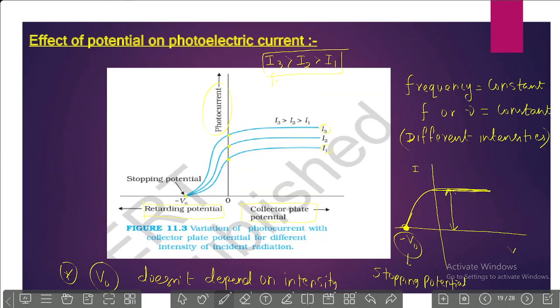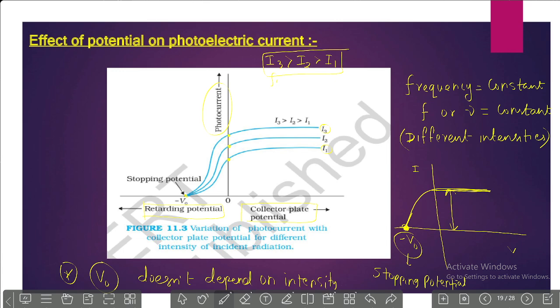This graph is for the same frequency or different frequency? Same frequency, constant frequency, but different intensity. This graph, a 3 mark question they will ask in the exam: draw the graph of same frequency and different intensity. So you must do this graph perfectly.